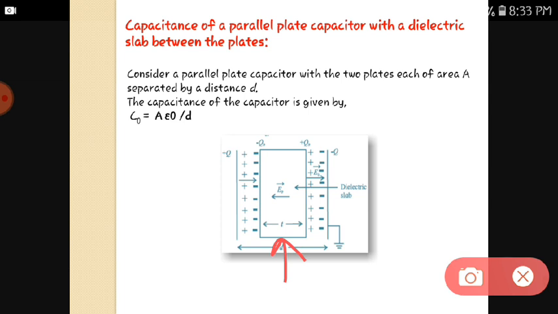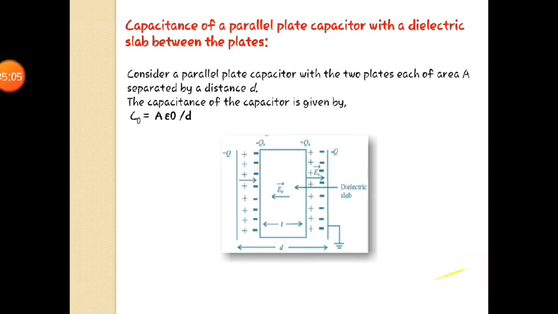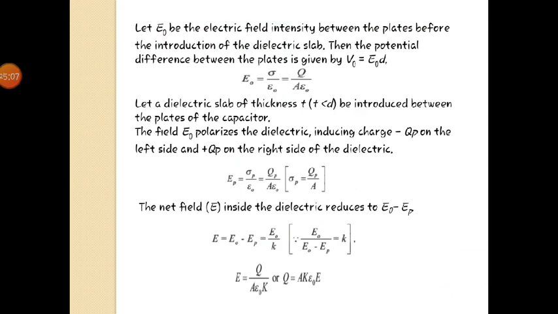So when it gets polarized, minus QP charge will be induced on the left hand side and plus QP charge will be induced on the other side. Here you can see it in the diagram. So what will be the electric field intensity inside it? That we are going to call EP.